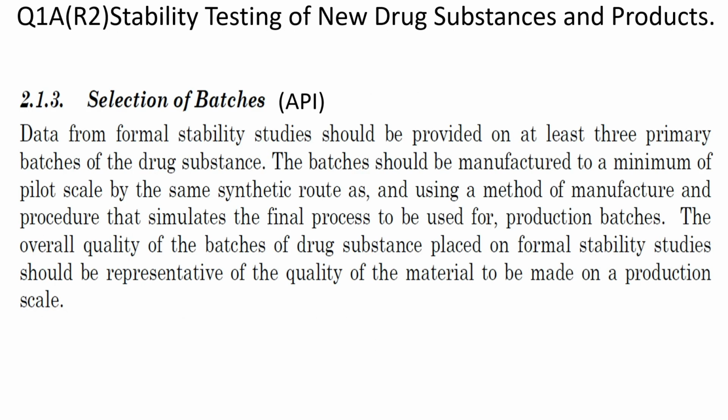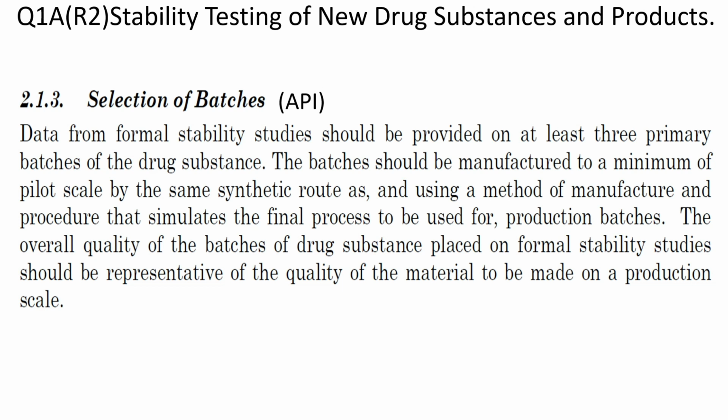So Q1A R2, stability testing of new drug substance and products. We'll discuss here Q1A revision 2. First is selection of batches. This complete paragraph I have taken from the guideline itself, so I will explain with respect to the guideline.